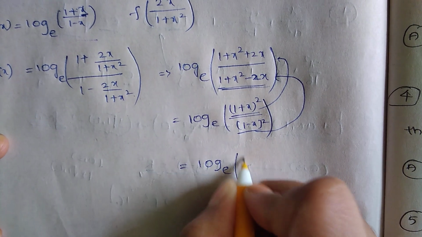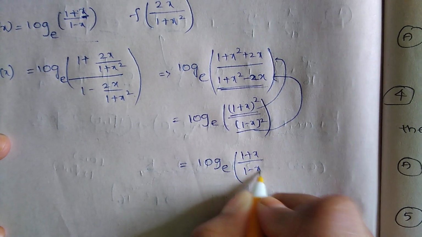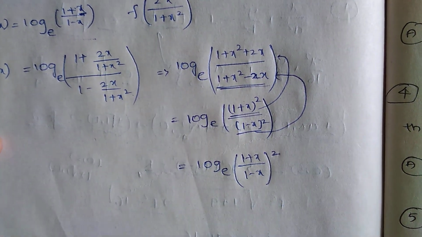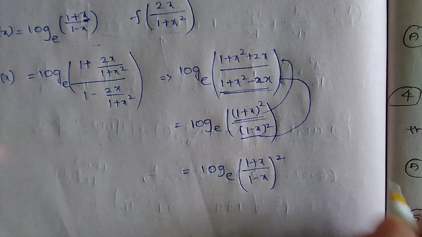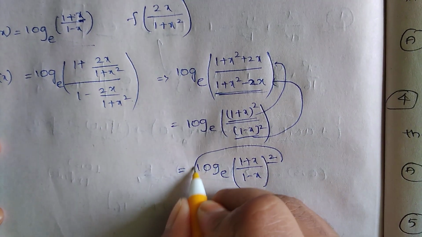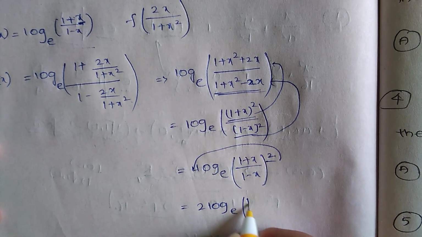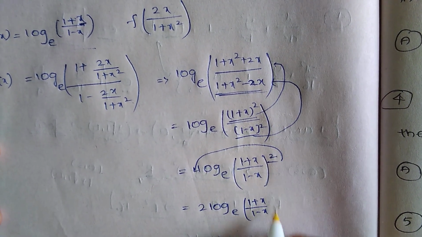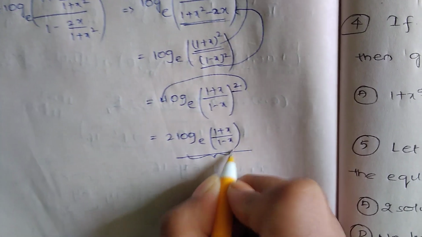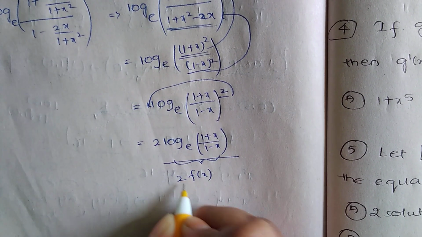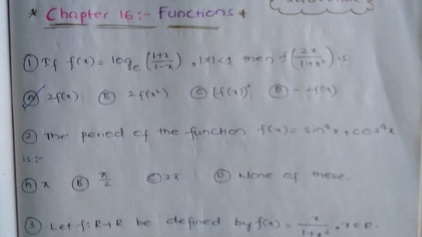Log e of (1 plus x) by (1 minus x), and taking the square outside, according to the log property, this 2 comes in front: 2 log e of (1 plus x) by (1 minus x). This is f of x. So 2 into f of x. So this is option A.